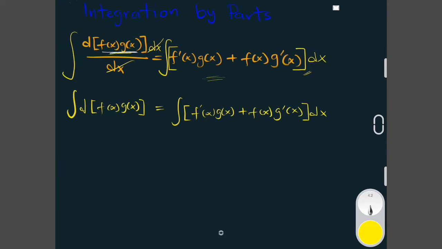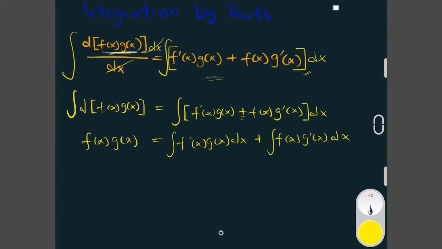So we can go ahead and say this is just f(x)g(x) equal to, and we could separate these, the integral of f'(x)g(x) dx plus the integral of f(x)g'(x) dx. And we see this is the antiderivative of this.